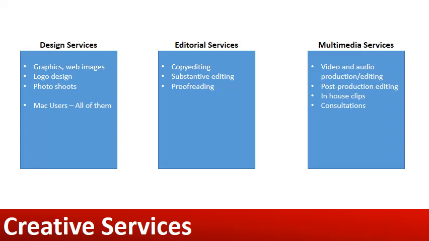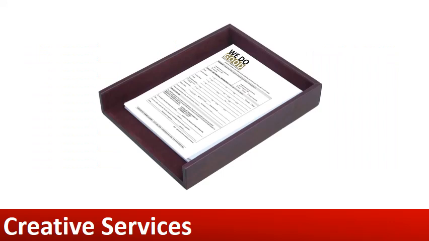And they could do in-house clips, and they could do consultations, so they go out and do video shoots, all sorts of stuff. So each one of those units followed a similar process, and all of them involved a walk-up paper form, just like the copy and print center did.